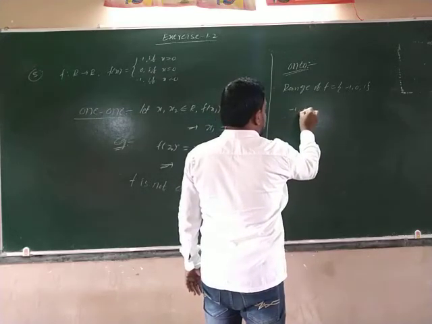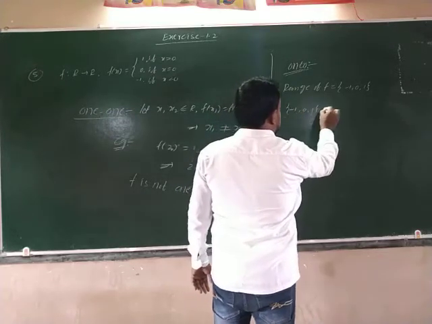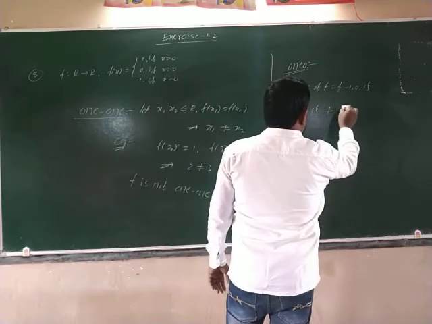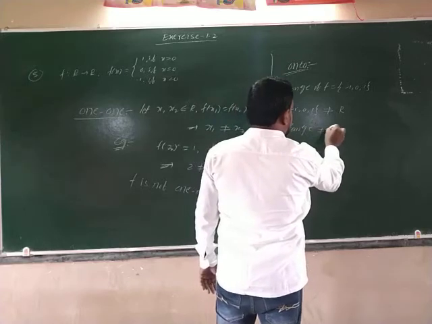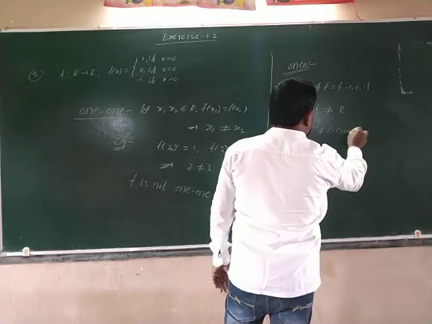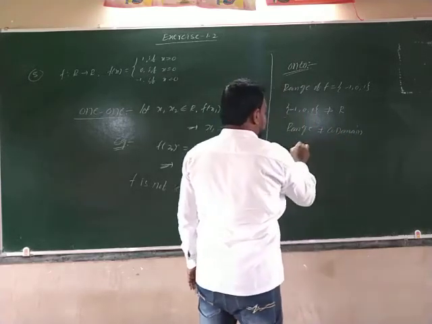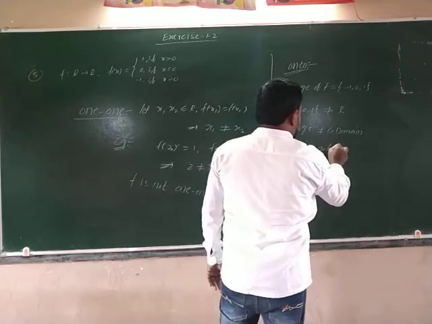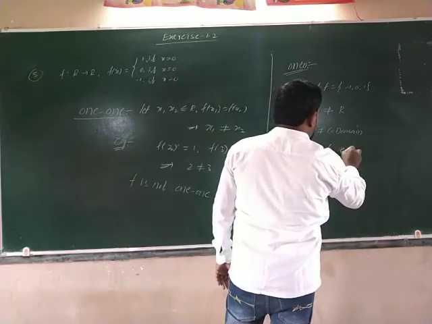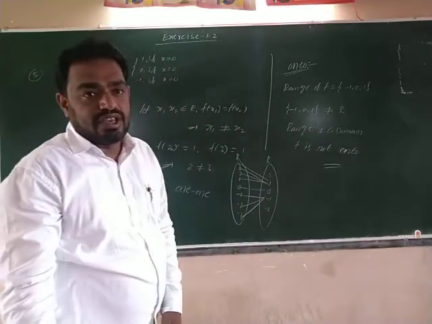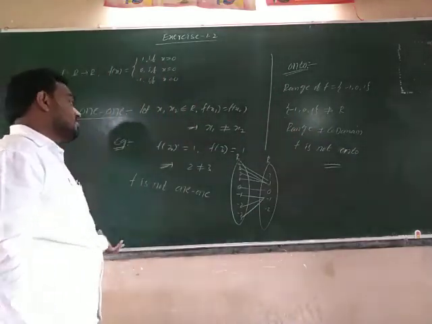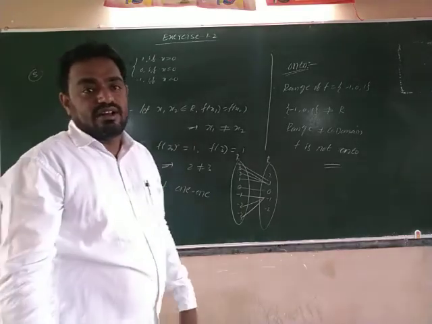Minus 1, 0, 1 is not equal to R. That means range is not equal to codomain. Therefore, f is not onto. This is the answer. That means the given function f is neither one-one nor onto.